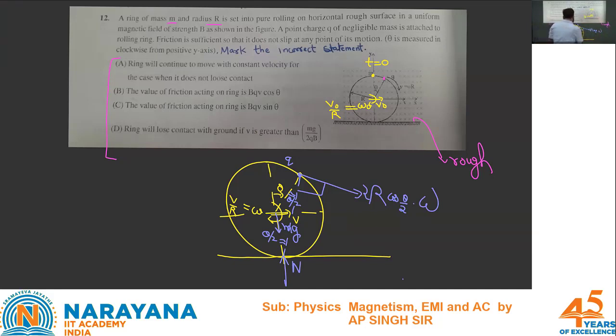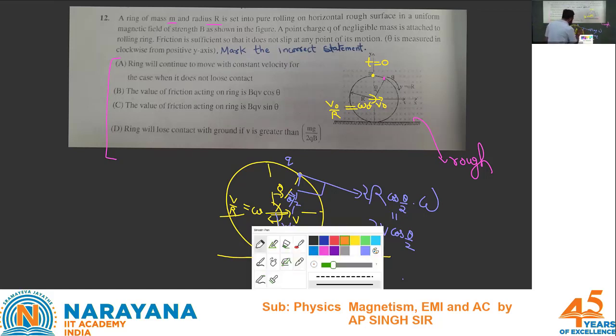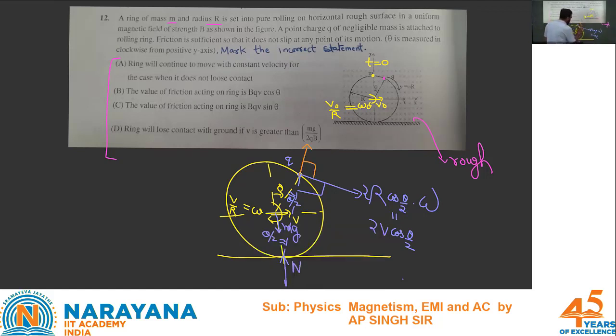And remember, capital R omega is V at this instance. So 2V cos theta by 2 is the velocity in this direction, which is normal to the line connecting the ICOR. So I will directly write QV cross B instead of taking those two velocities separately. Simple. So QV cross B now. And this V cross B will be directed in this direction only. Right. So now things are simple.